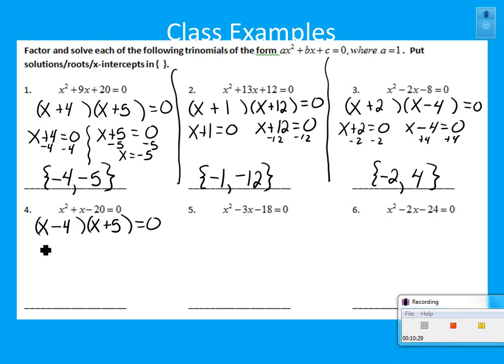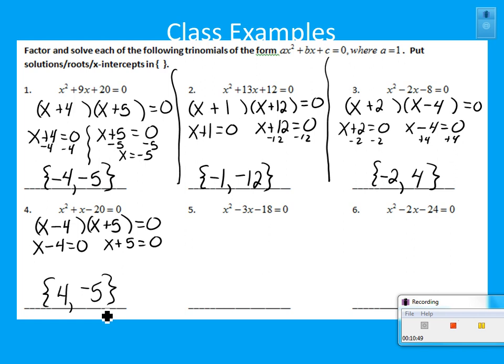I'm hoping that you can start doing this in your head so we don't have to write out this step right here. If I set x minus 4 equal to 0, I'm going to get positive 4 by adding 4 to both sides. If I set x plus 5 equal to 0, subtract 5 from both sides, I'm going to get negative 5.